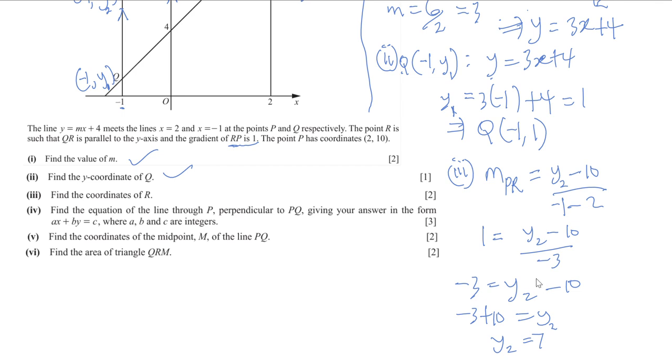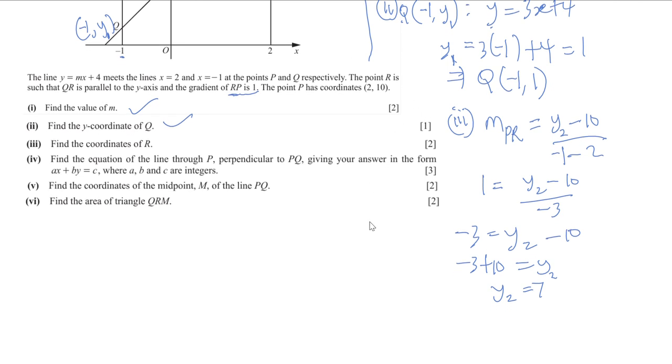That's to say that the coordinate of R is going to be minus 1, 7.